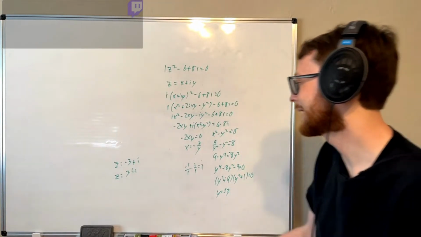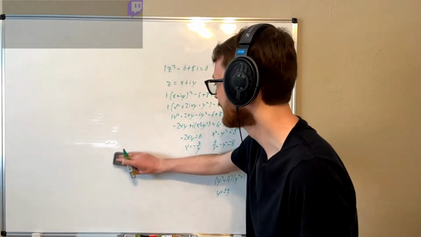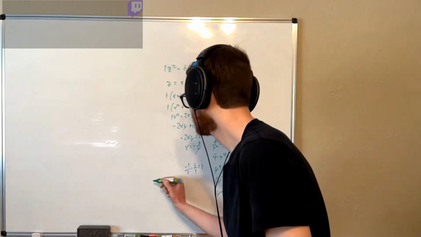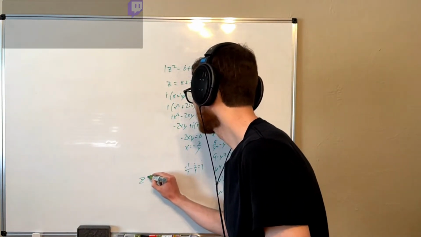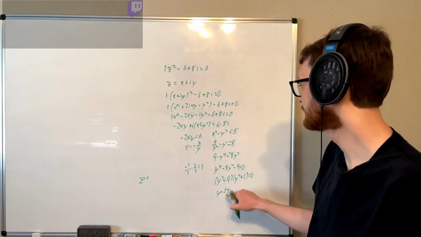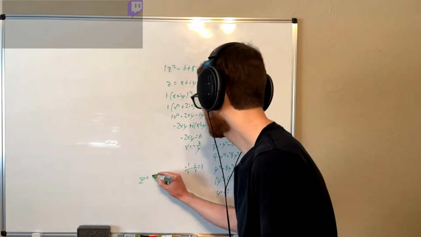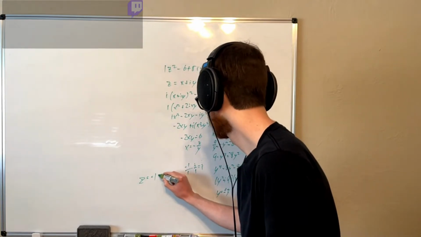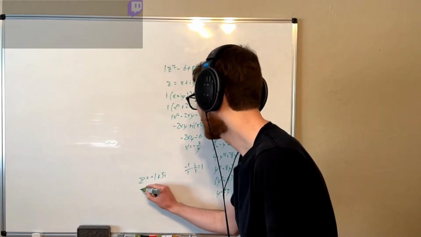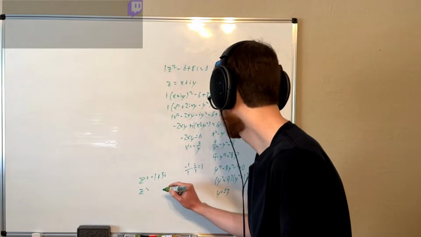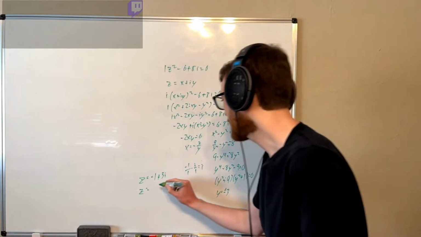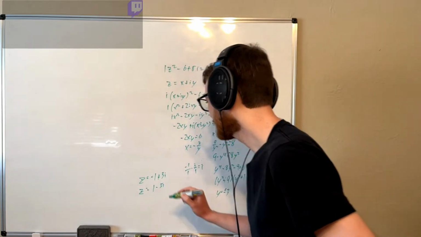And that is going to match what Wolfram Alpha got. So z could equal, if you plug in positive 3, negative 1 plus 3i. Or z could equal, if you plug in negative 3, positive 1 minus 3i.